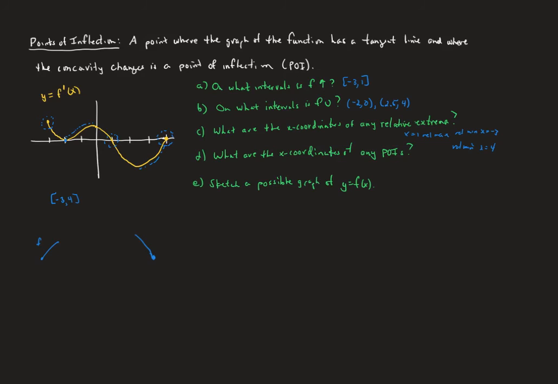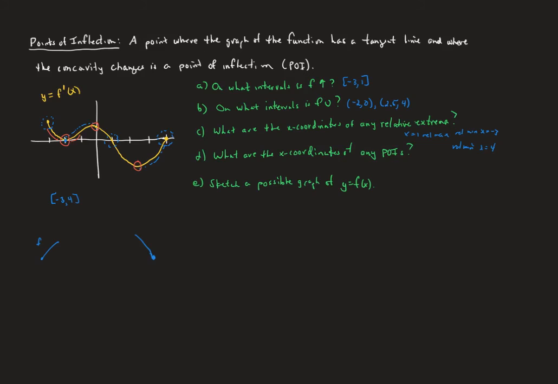Coordinates where we have points of inflection are going to be where we change concavity, and that's going to be any place where we see a relative min or a relative max in the derivative, because here the function is decreasing on one side, which means it's going to be concave down, then it's increasing on the other side, which means that if the derivative is increasing, the original function is concave up.